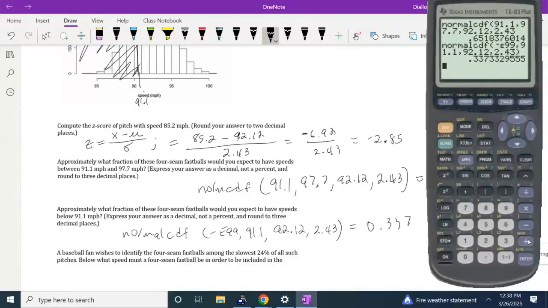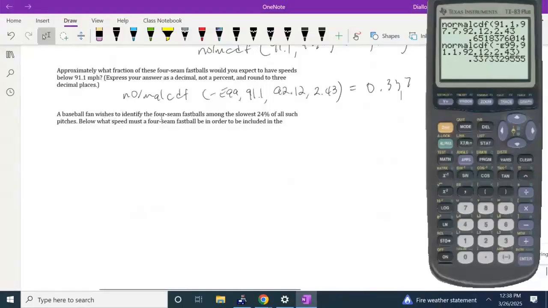All right, and we're running over. This is the last one. It says a baseball fan wishes to identify the four-seam fastballs among the slowest 24%. So this is that percentile deal. The slowest 24 is to the left, and then the fastest 76 would be to the right. So we're going to use inverse norm. We're going to use 0.24 because that's the area to the left.